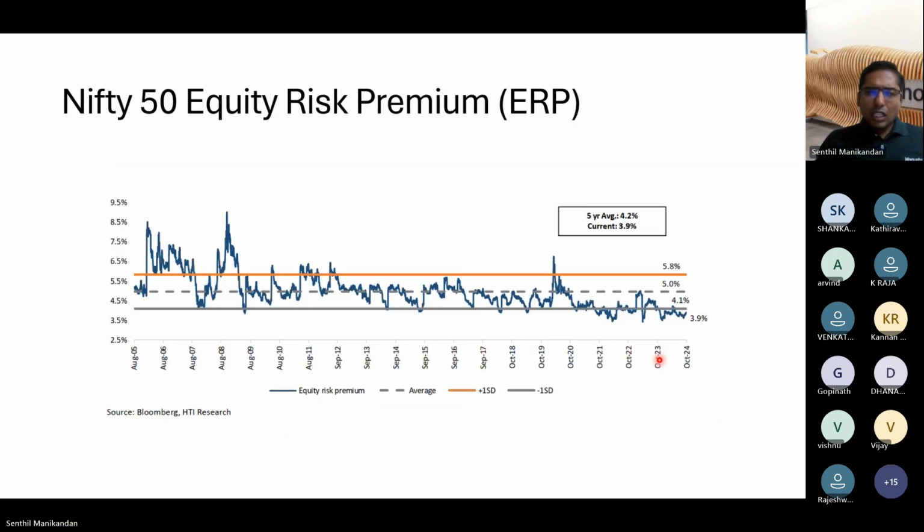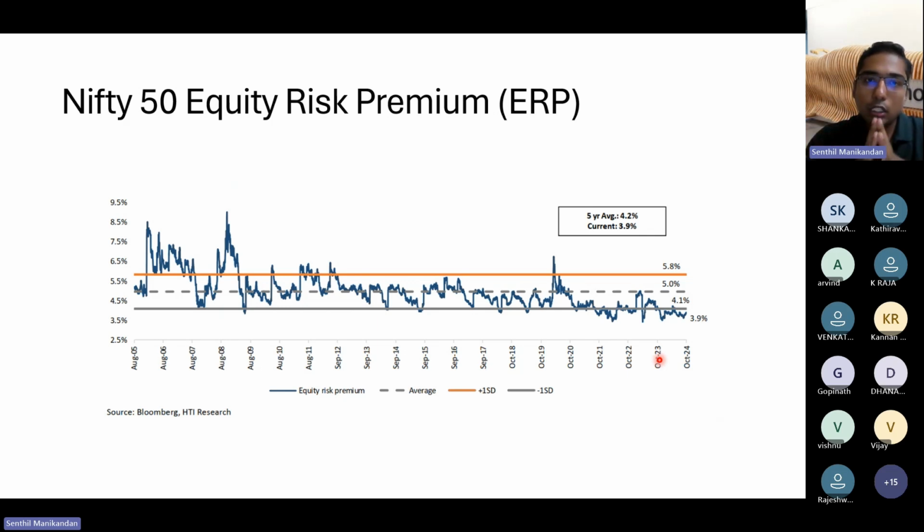So we have seen the earnings growth, we have seen the price to earnings multiple, but one more key metric that we usually track is the equity risk premium. Equity risk premium is a much better indicator of whether the market is overvalued or undervalued, because it captures the market participants' sentiment.